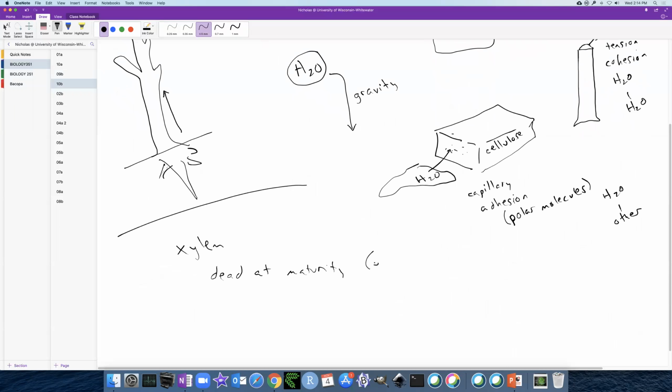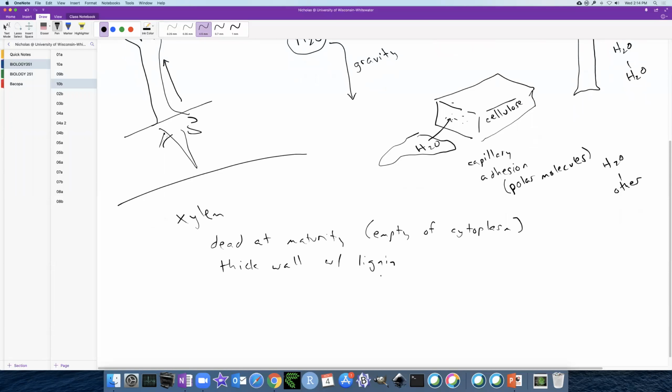So basically empty of anything except for water. And they have a thick wall that has this molecule lignin in it.